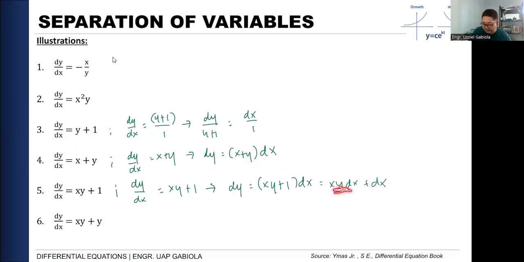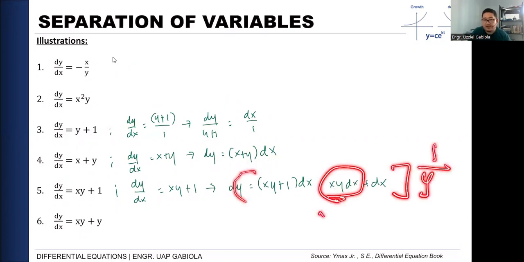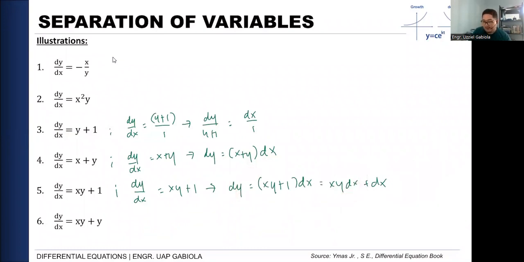So kahit i-transpose natin yan, hindi maaalis si y kay dx, x dy. Hindi natin pwede i-perform na halimbawa i-divide natin by y lahat ng equation, lalo lang magiging komplikado. So kung ano yung case, hindi siya separable or hindi natin pwede gamitin si separation of variables. Okay? Then we have the last one, dy dx equals to xy plus y. So separable or not separable?